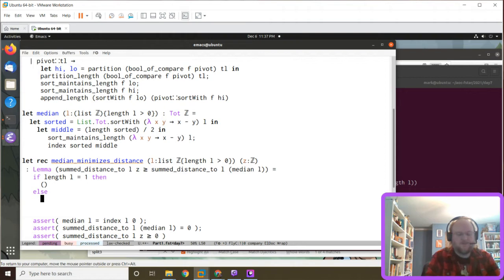All right, what I'm thinking is we show the summed distance to z as a function.